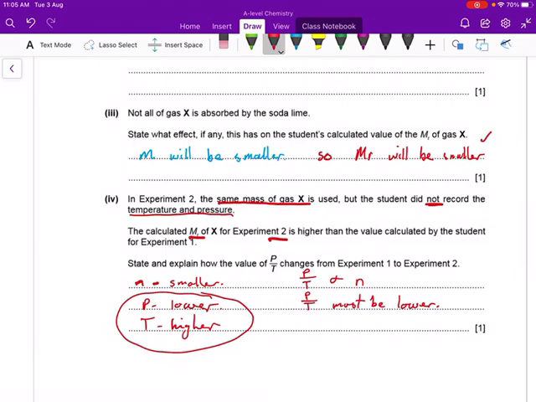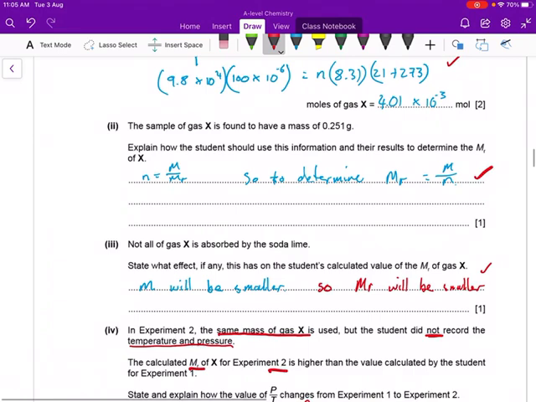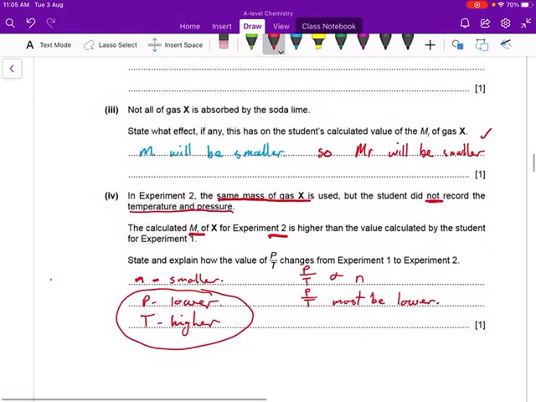They say your molar mass is going to be greater. Now, if I look at my relationship of molar mass, it's inversely proportional to my moles. So if my molar mass is greater and being calculated, it means my number of moles should be smaller.